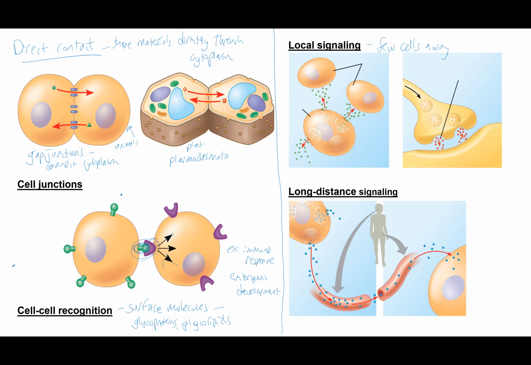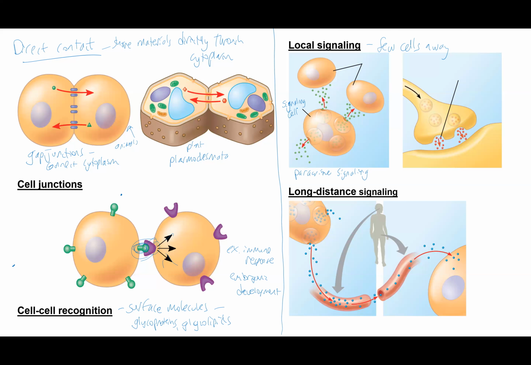So we have a cell here, and this first example is what's called paracrine signaling. So you have some kind of cell that is called the signaling cell that needs to send a message out.